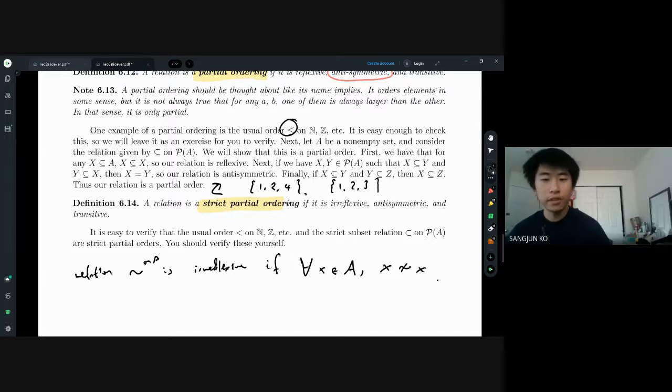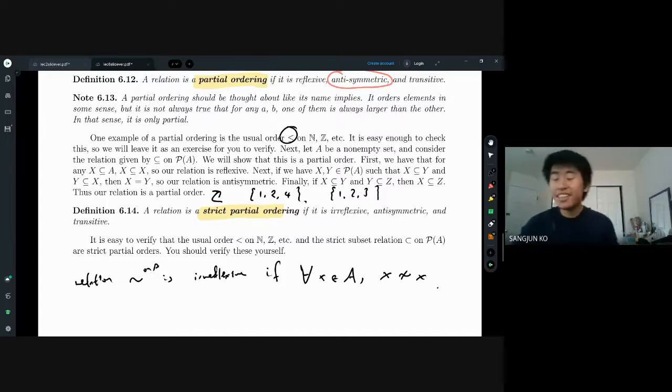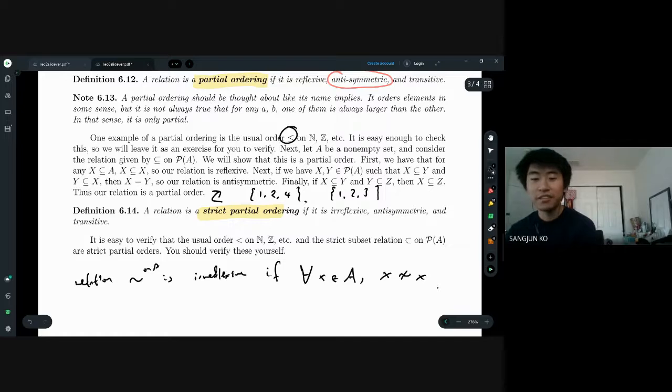And just as we verified that the less than or equal to relation on these numbers and the subset relation on the power set of A are regular partial orders, it's fairly easy to verify that the less than relation and the proper subset relation are strict partial orders.